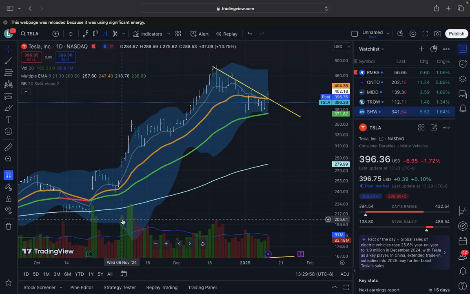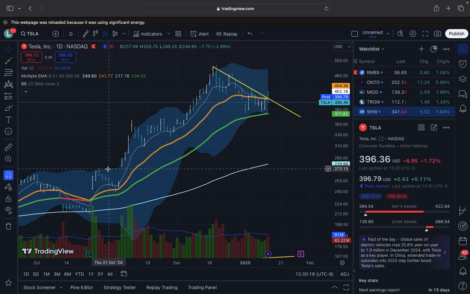If I hover over here, you can see it's about 165 million compared to 86 million. It is about 2 to 3 times the amount, and it's a good indicator that we have a breakout right here.